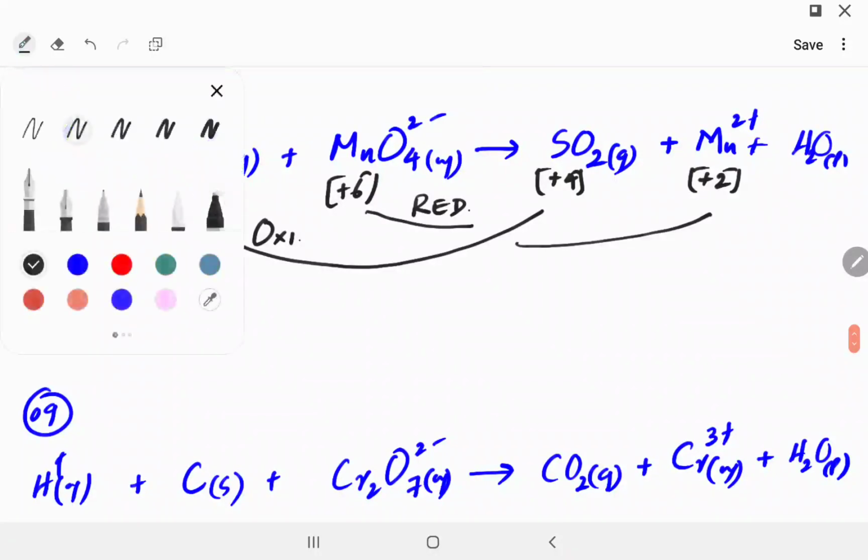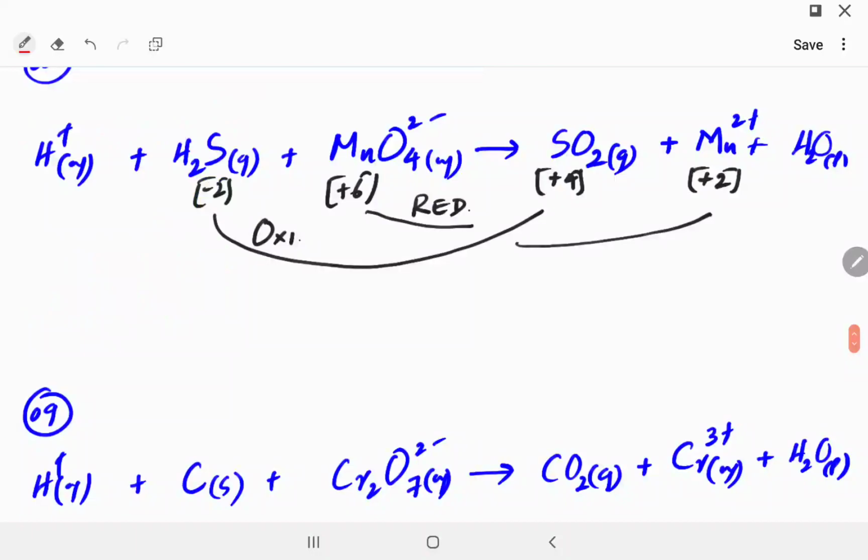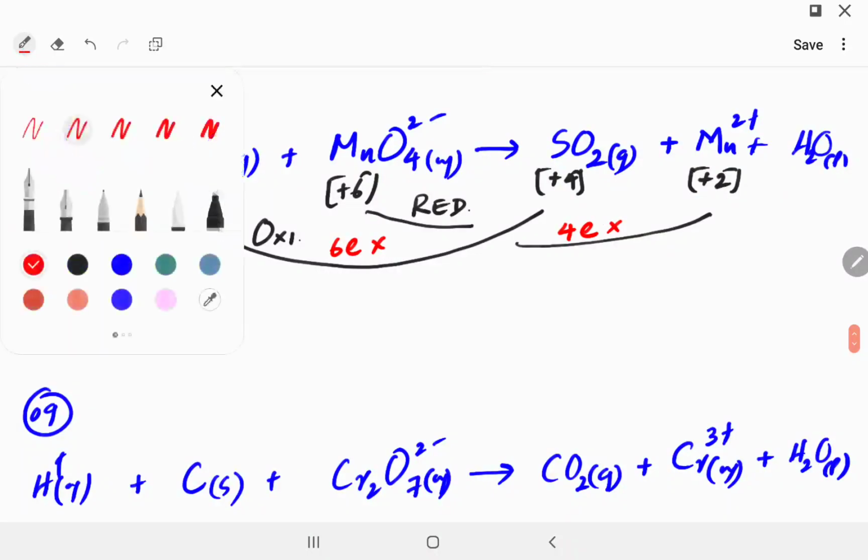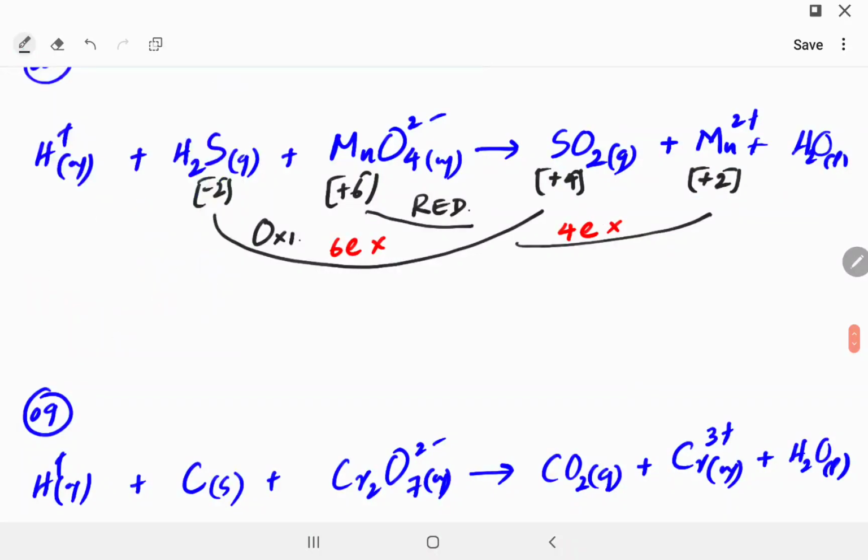Let's get the electron difference now. The difference in electrons, for sulfur it is 6 electrons. For manganese it is 4 electrons. Okay, so 4 and 6 are the two electrons of interest.